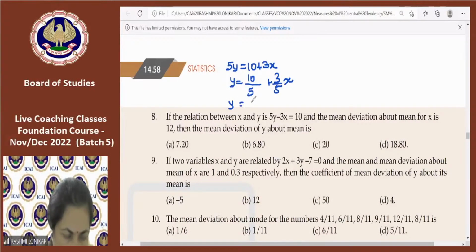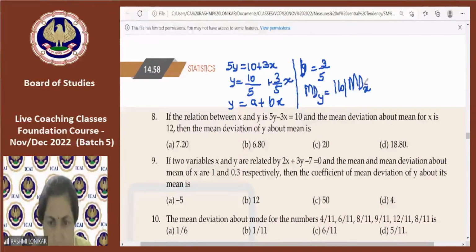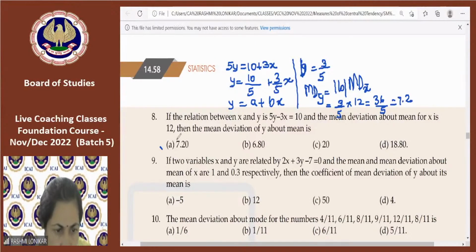So it is in y is equal to a plus bx form, which tells me that b is equal to 3 upon 5. So mean deviation about y is equal to mod b into mean deviation about x bar. This is equal to 3 upon 5 into mean deviation 12. So that is 36 upon 5, which is equal to 7.2. So A is the correct answer.